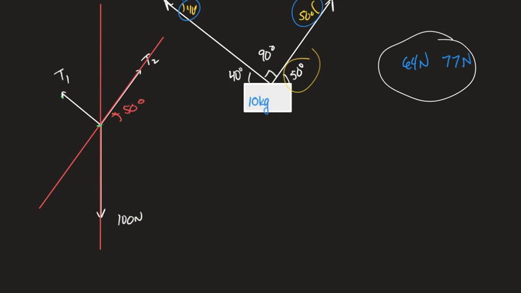Now, I can't rotate it 50 degrees without also rotating the y direction by the same amount. So now I have to take the y direction and rotate it this way 50 degrees. So that's what I'm going to have to do.